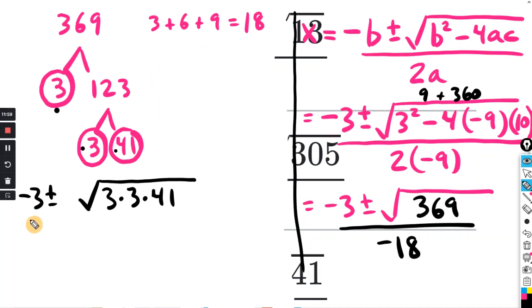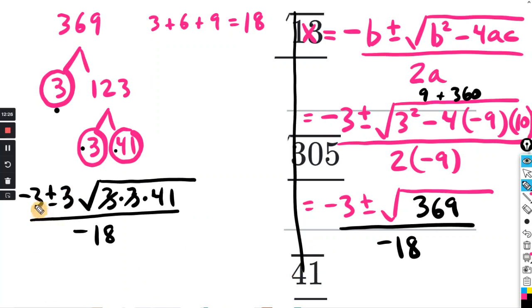And that whole thing is divided by negative 18. Now, when you have the same number multiplied twice under the radical, you can cancel it twice and factor it out once. So the square root of 3 times 3 is just 3. And now you want to reduce, okay?